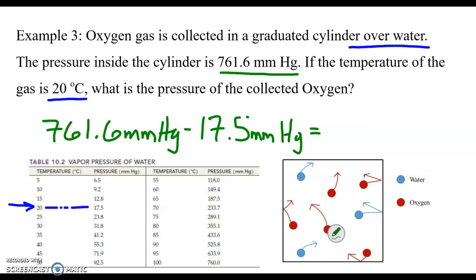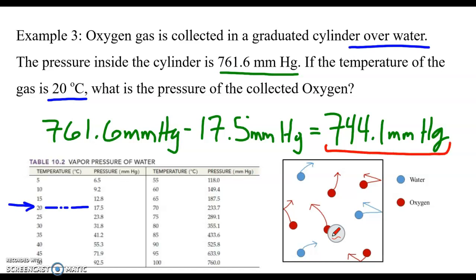In this case, it is 744.1 millimeters of mercury. All three of our numbers have one decimal place, the tenths place, the 0.6, the 0.5, and the 0.1, which means that we are ready to present 744.1 as our final answer for the partial pressure of the oxygen that was being collected.